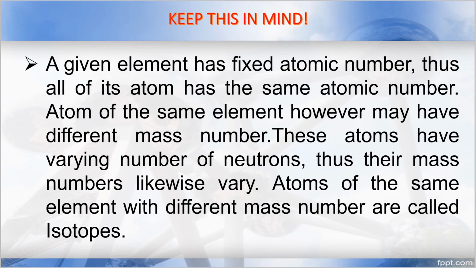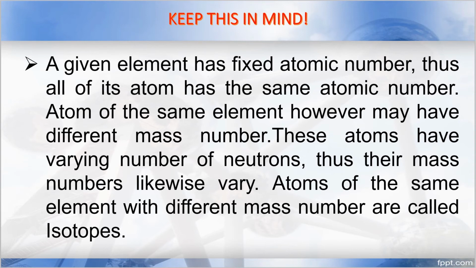And also, a given element has a fixed atomic number, thus all of its atoms have the same atomic number. Atoms of the same element, however, may have different mass numbers. These atoms have varying numbers of neutrons, thus their mass numbers likewise vary.